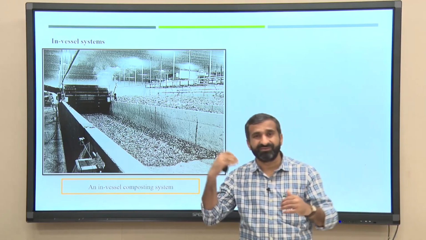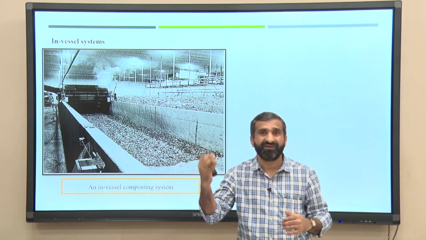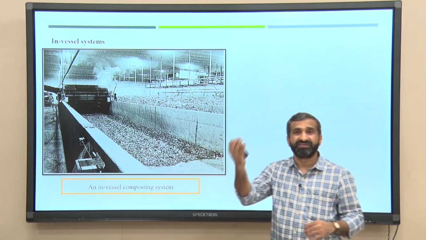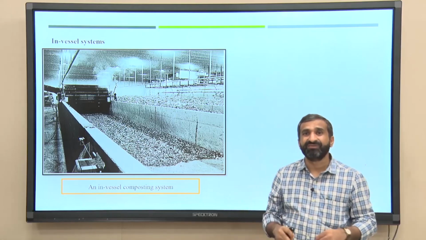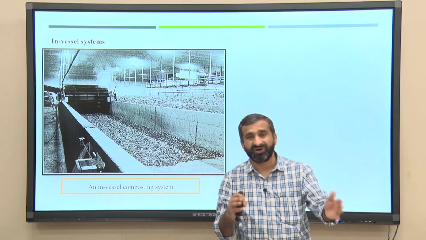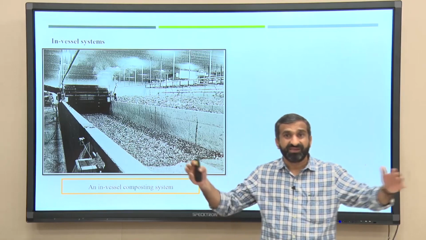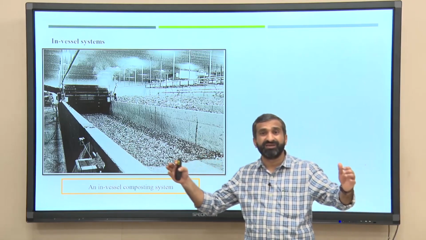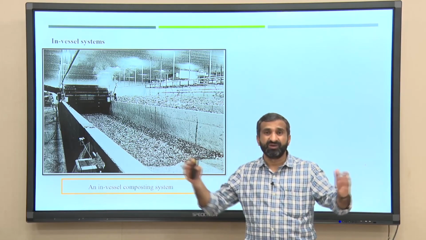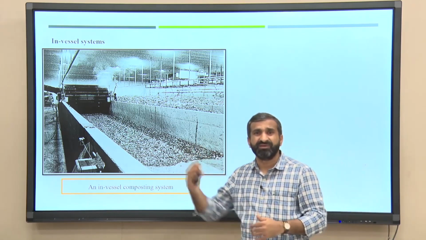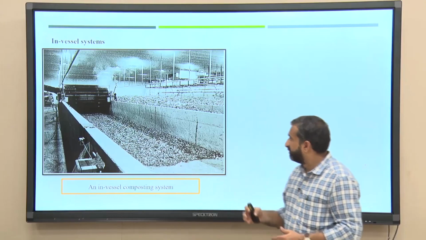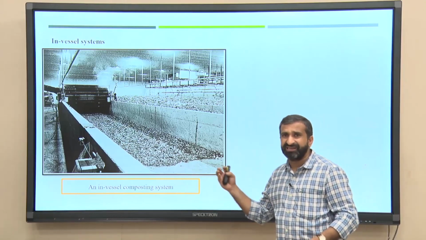So, obviously it is affected by the season, and in the rainy season it is very difficult to go for windrow or pile composting, especially at a centralized location where a large amount of waste is coming at only one location.